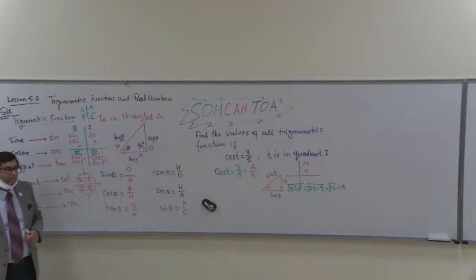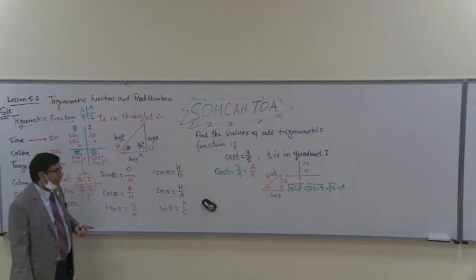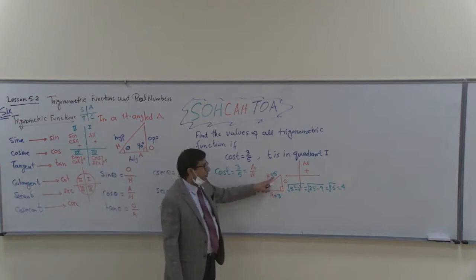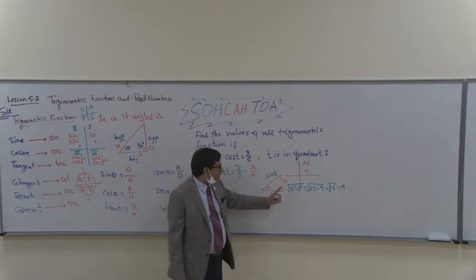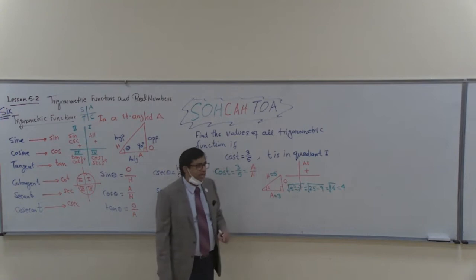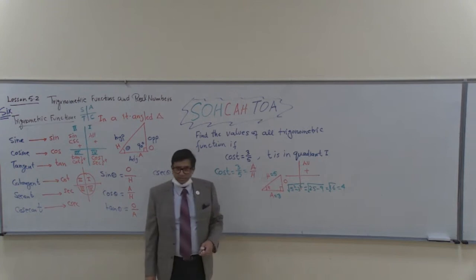The missing side we always find. These are the legs. In case of legs, we always subtract from the square of hypotenuse. This is 5, so 5 square minus 3 square. And same is here, legs are calculated with the minus sign and hypotenuse is calculated by using plus sign.